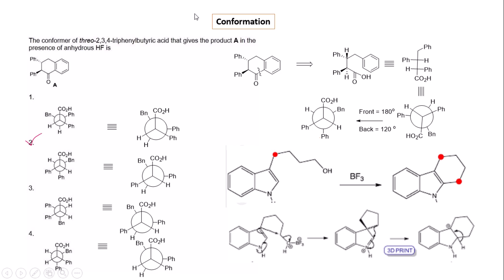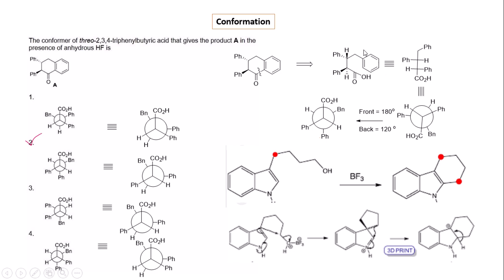Next is the conformation related problem, where substrate A is formed by the reaction of 3,4-triphenyl butyric acid, and if we go in the backward direction we get the starting material. This is actually an intramolecular Friedel-Crafts acylation reaction, where the benzene pi electrons participate to form the intramolecular acylation.